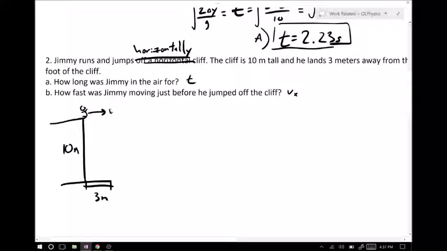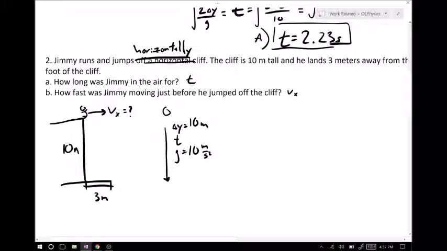What is his velocity? That's eventually what it's going to be. So solving for time again, we're really just looking for an object that goes down where we know our change in y. Don't know time. We know gravity.